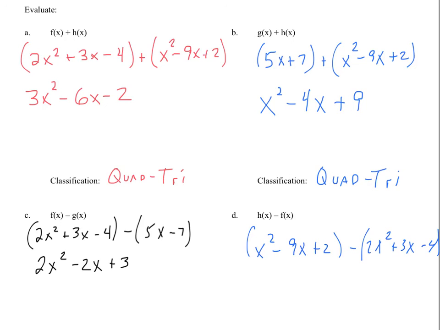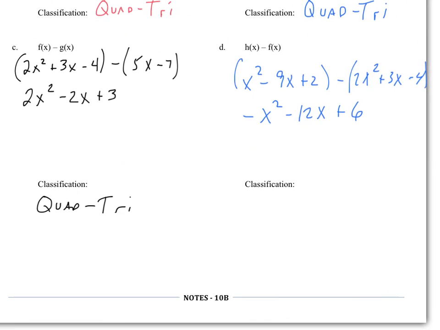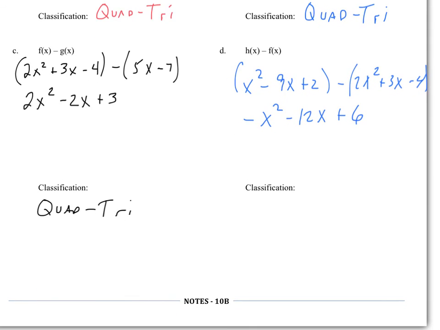X squared minus 2x squared is negative x squared. Negative 9x minus 3x is negative 12x. And 2 minus a negative 4 is 6. So this ends up, again, being a quadratic trinomial.